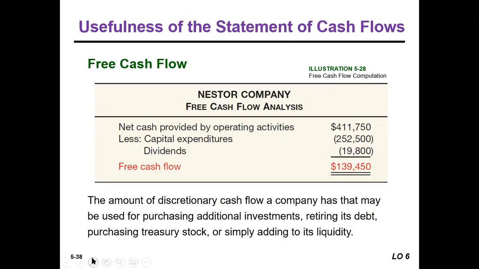And just like it shows here, the free cash flow is the amount of cash flow a company has that may be used for purchasing additional investments, retiring debt, purchasing treasury stock, or simply adding to its liquidity, keeping the money, retaining the earnings, right?